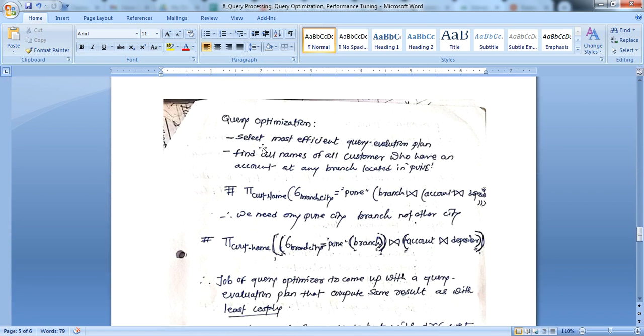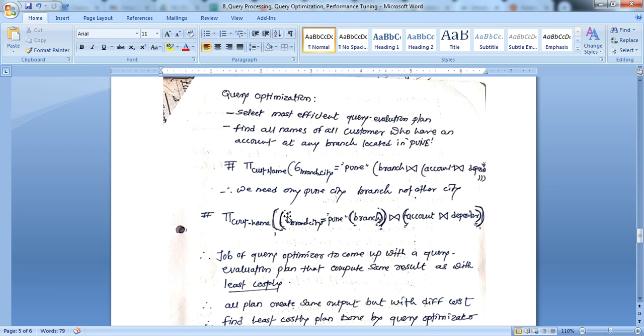Query optimization selects the most efficient query evaluation plan, and it gives the operations of the query evaluation plan, which is then executed. Find the names of all customers who have an account at any branch located in Pune.